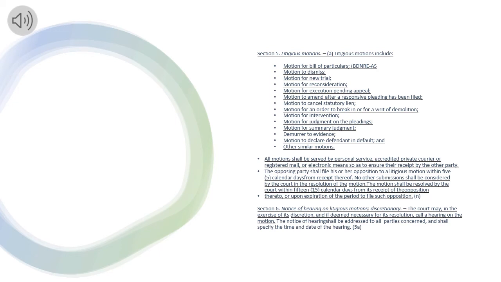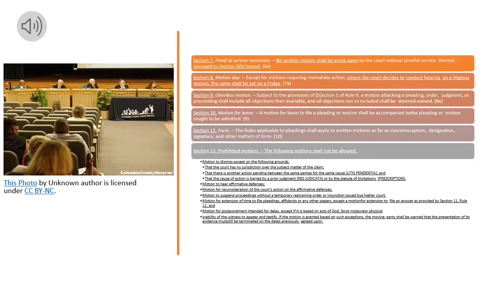Section 6. Notice of hearing on litigious motions, discretionary. The court may, in the exercise of its discretion, and if deemed necessary for its resolution, call a hearing on the motion. The notice of hearing shall be addressed to all parties concerned, and shall specify the time and date of the hearing.